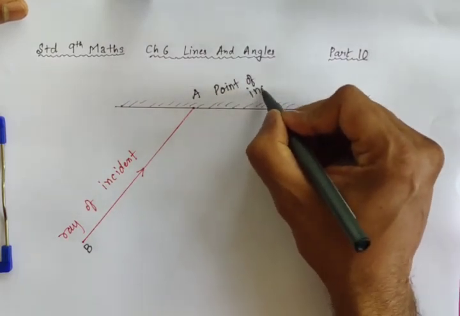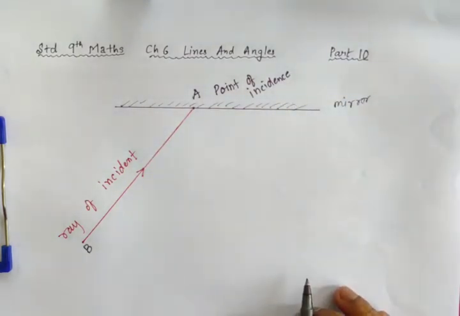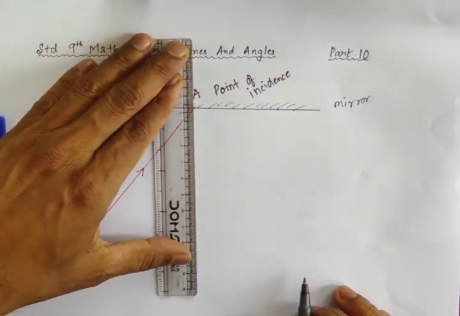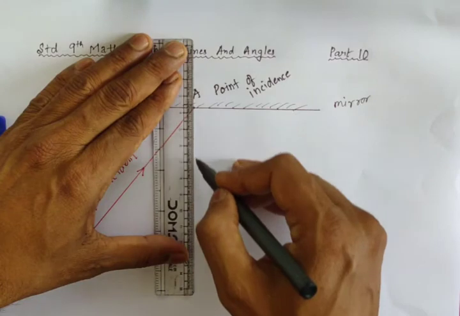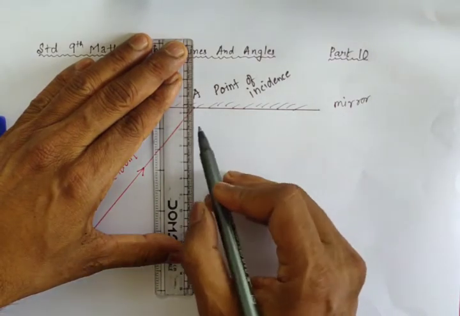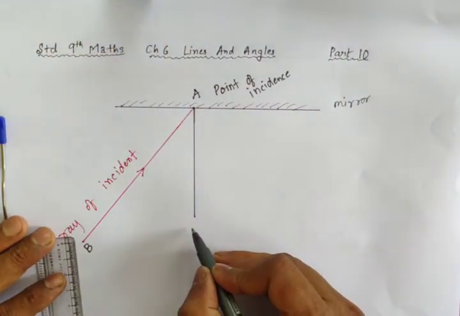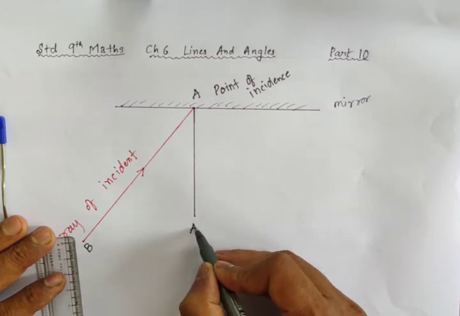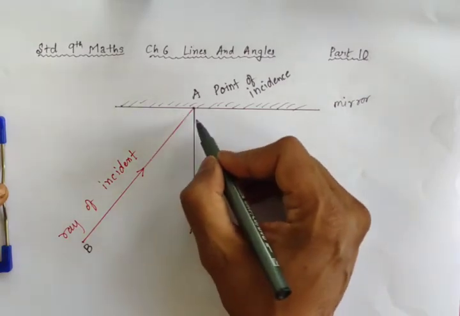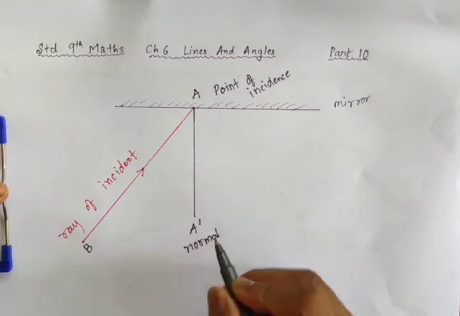At the point of incidence, I shall draw a perpendicular line, which is perpendicular to the mirror. Now this is called the normal. Let me call this A dash. A dash represents the normal, which is perpendicular to the mirror.